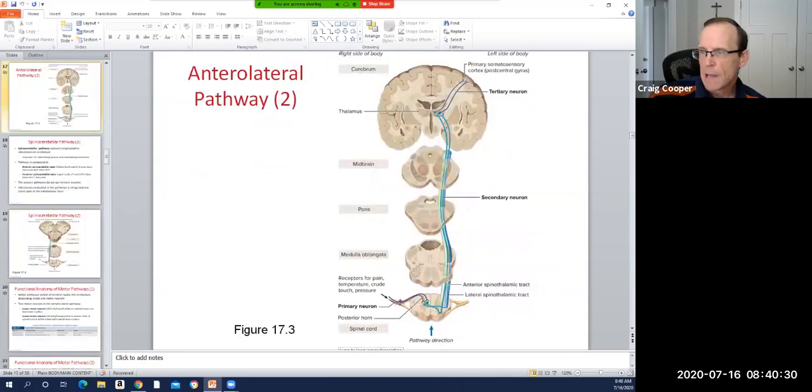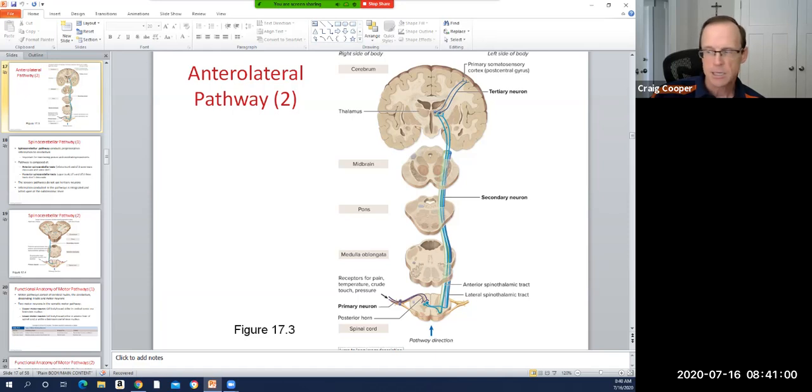Our anterolateral pathways, again, this is our pain and temperature type information, the crude touch, deep pressures. These are a little bit different. We've got our initial sensory neuron in that posterior root ganglia, just like the other one. But in this case, it's going to synapse in the spinal cord first. It crosses over at the level of the spinal cord and then goes all the way up.